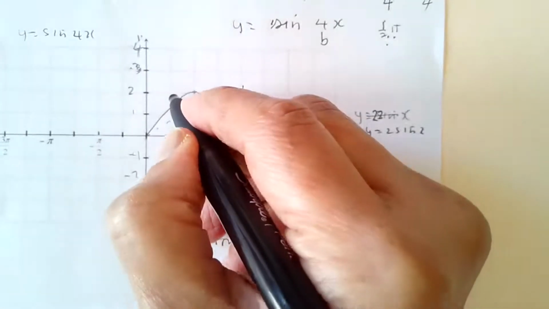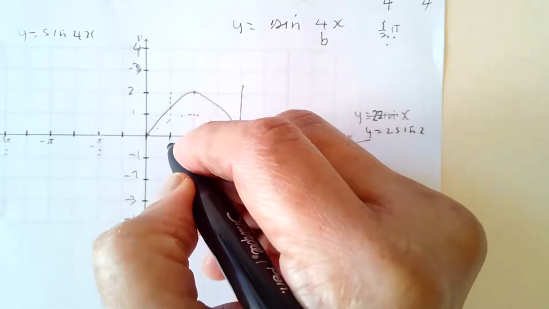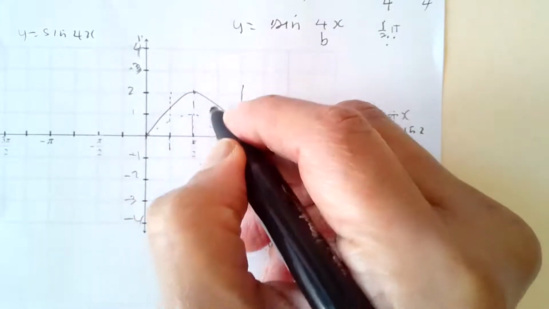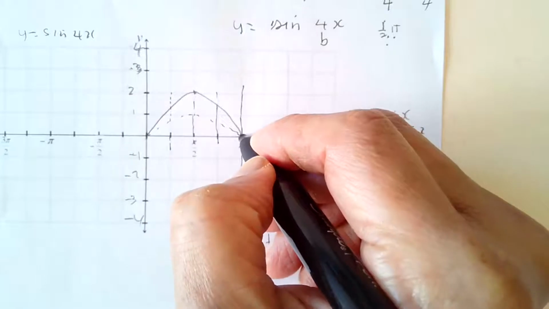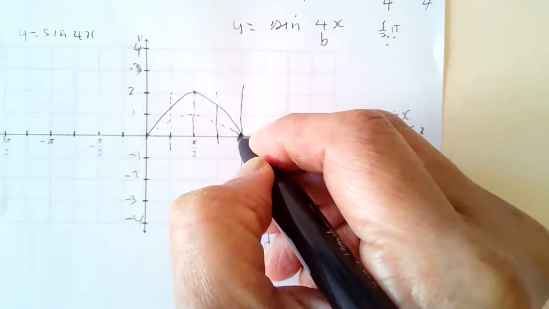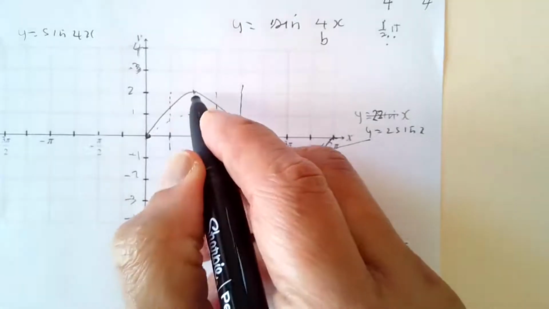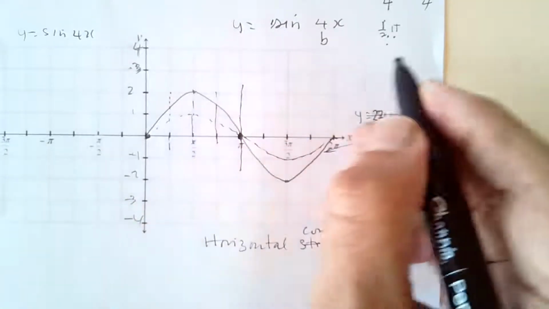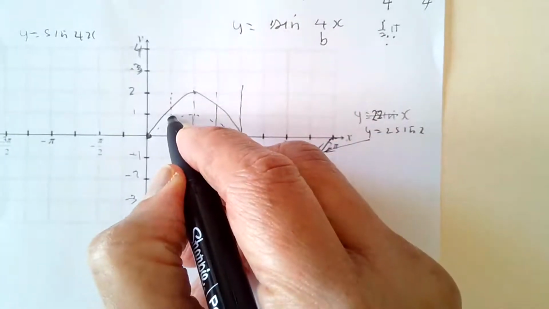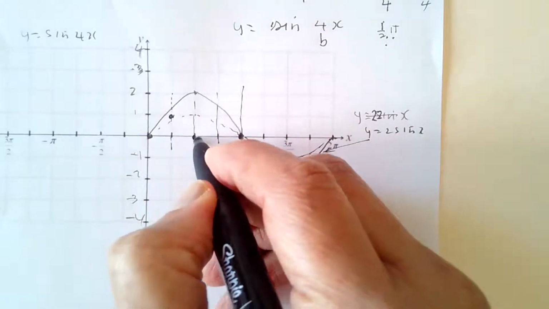So now here are our critical points going to be a quarter. So the graph ends here. So we start here. So this is, of course, now a half of what it was. So we have a half here.